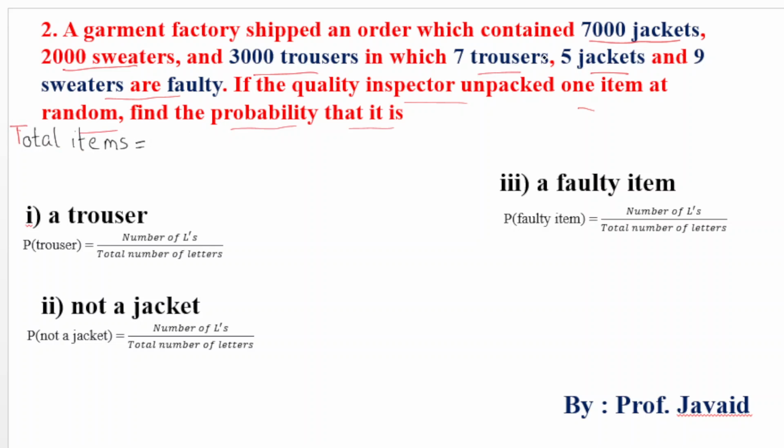We have to add 7,000 plus 2,000, then again 3,000. Now we add them: 7,000 plus 3,000 is 10,000, plus 2,000, so that will be 12,000. In a simple way you can solve it like that.